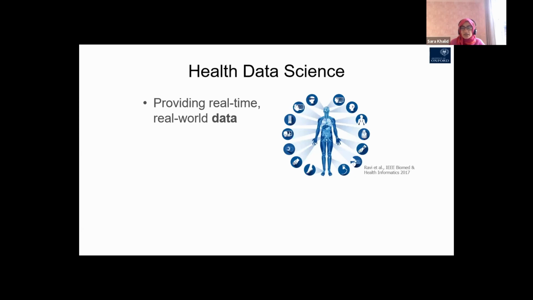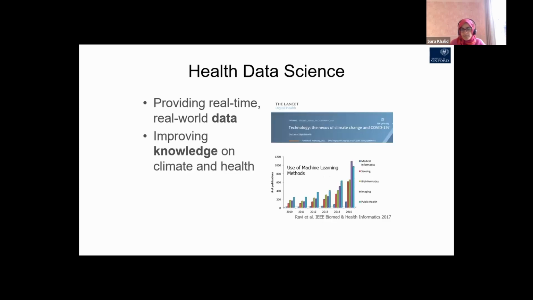So an active area in data science is bringing some of these disparate and asynchronous sources of data together, extracting and curating useful data from it. And then the second, following from that, is the extraction of useful information or knowledge from these data. So this is where, for instance, rapid, reproducible, and globally representative data-driven analytics powered by AI and machine learning is playing a part in enabling impactful research to inform policy and enact change in real time.